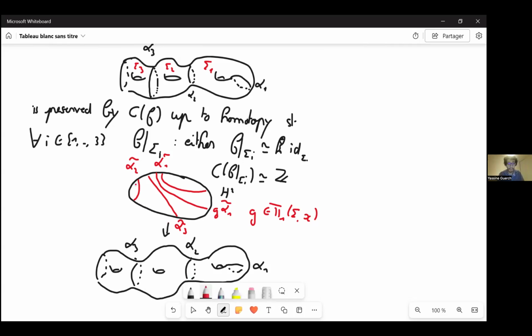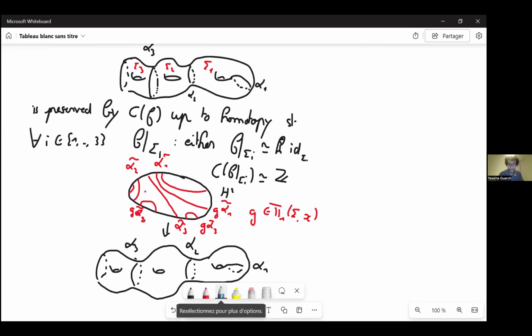And you can do that for every alpha i. So what you obtain are completely disjoint bi-infinite geodesics, which cut the hyperbolic plane H2 into a large number of connected components.